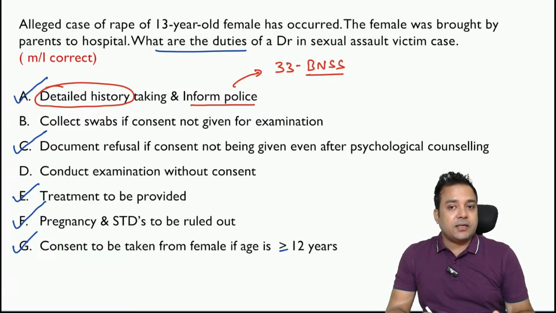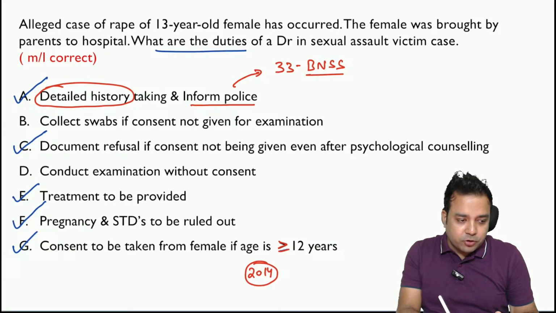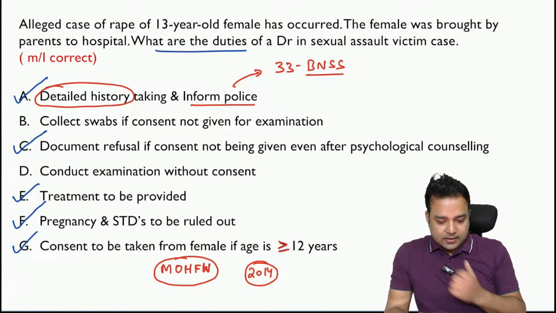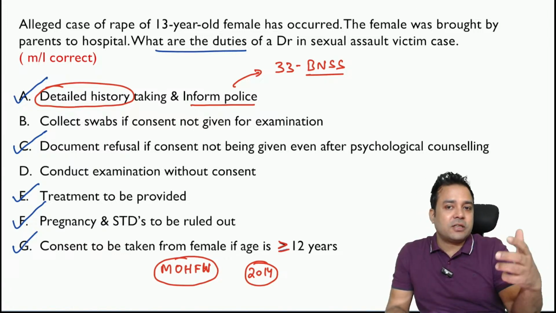नहीं 18 नहीं है, 12 है. कब से है 12? Since 2014 according to MOHFW guidelines which were published way back in 2014 and is still valid. A victim 12 and more than 12 examine legally also, this is correct.